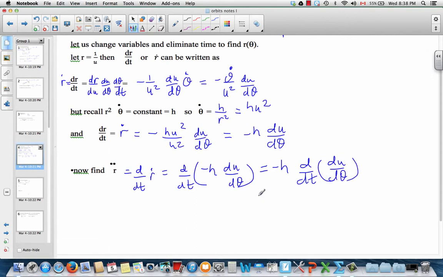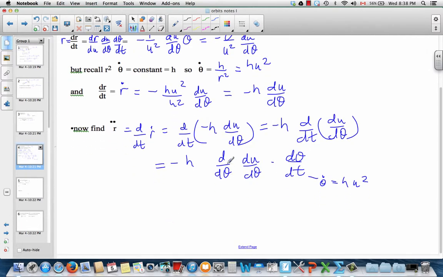Well, I am going to rearrange that. I'm not going to ddt it. I'm going to dd theta it, because u depends on theta. But then I'm going to multiply by d theta dt. Now, d theta dt, of course, is theta dot. And theta dot, we can see from up here, is h u squared.